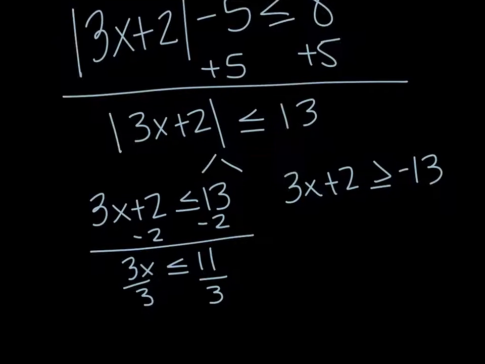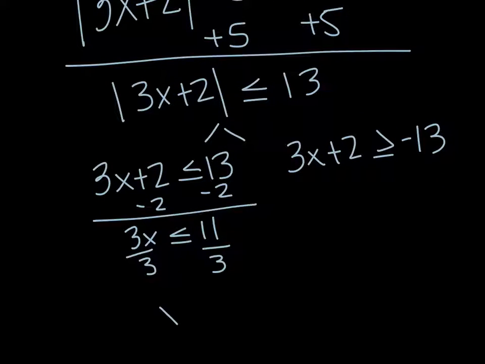So for the first one we get x is less than or equal to 11 thirds, which, if you divide that out and get the decimal for it, should be 3.6.